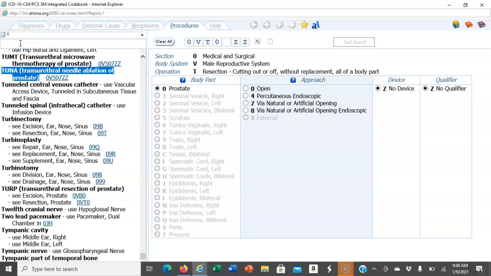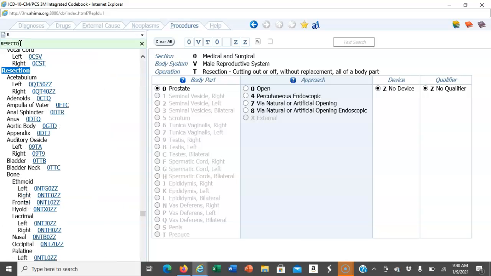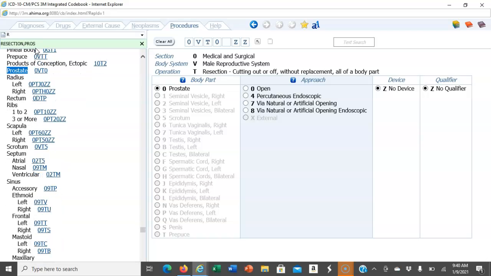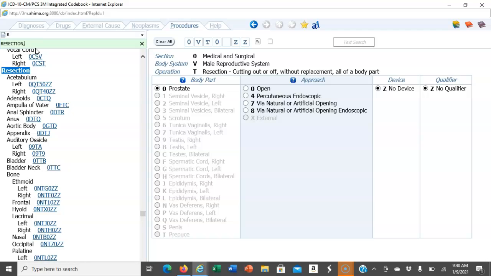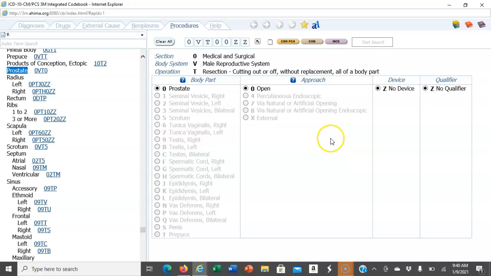And so we would be coding a resection of the prostate. And that table is 0VT0 for the prostate. We know that this procedure is open and there's no device and there's no qualifier.